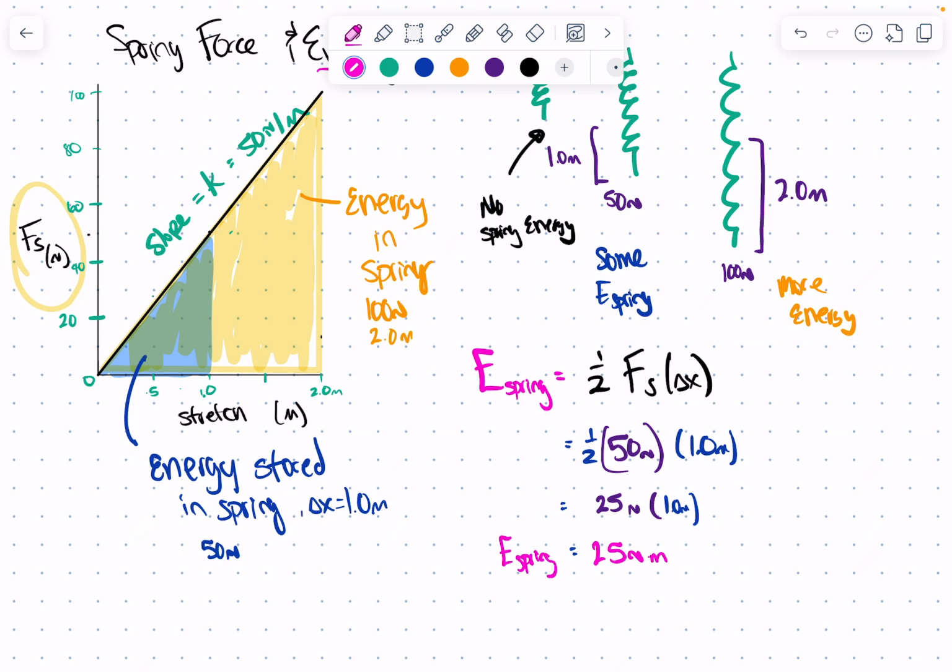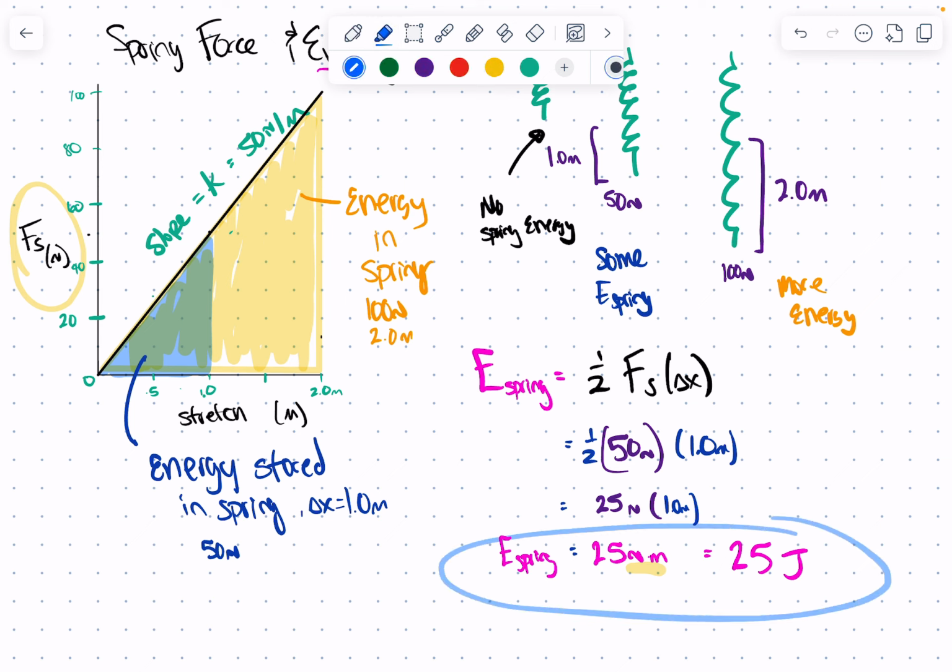Now, the unit newton times a meter is good for energy, but we also have another name for it, a specific unit, which is the joule. So the energy in the spring when it is stretched 1 meter is going to be 25 joules. And we can actually see that if we were to go over here, we would be able to calculate that area from the graph.